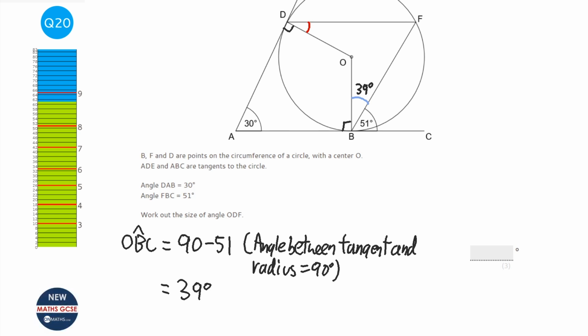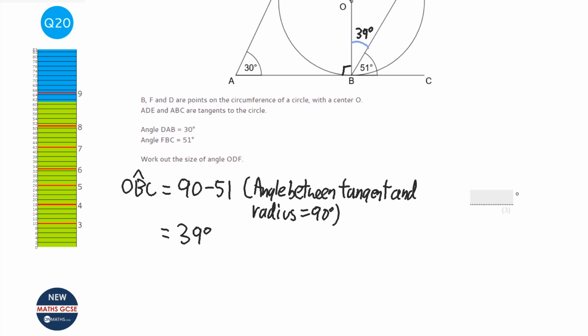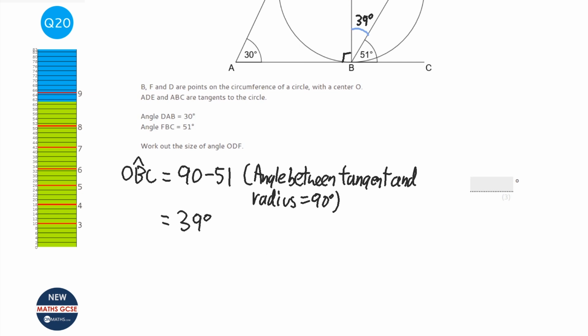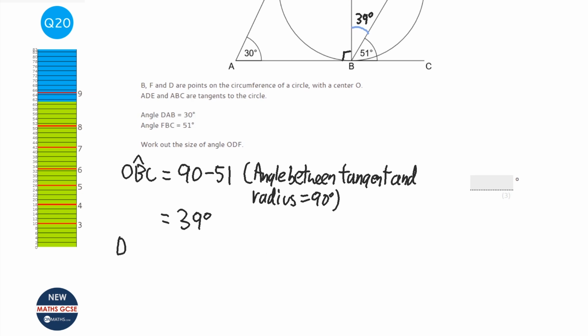And ADOB is a quadrilateral. So we can work out which angle we're going to pick next. Well, let's pick this angle here next. So what's that? DOB. So angle DOB is going to equal 360 take away 30 plus 90 plus 90.